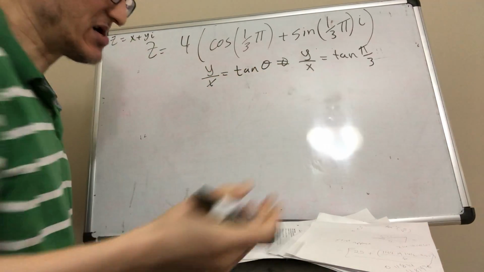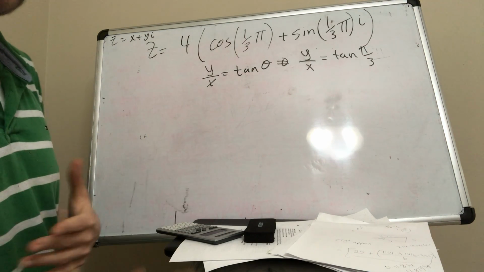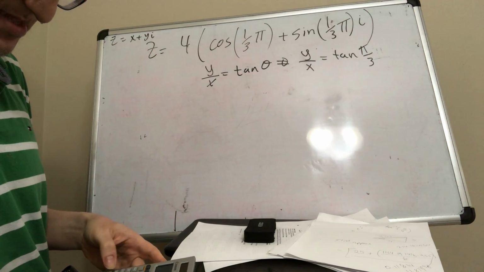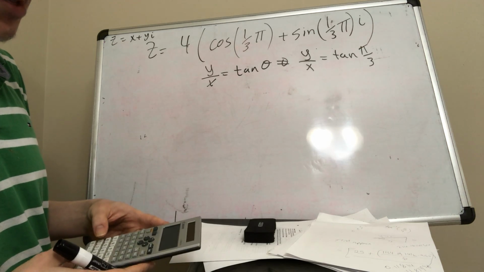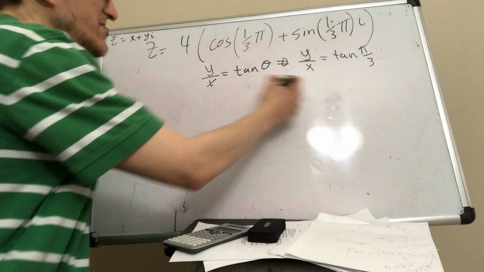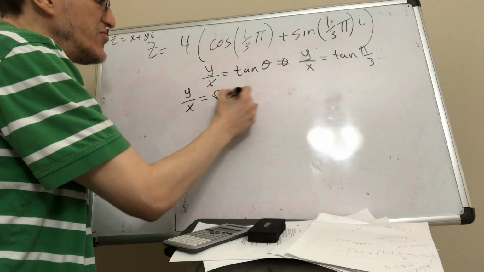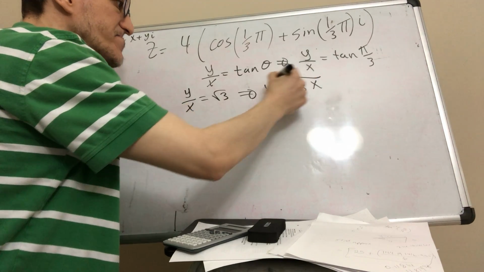In fact, tan pi over 3 is not half. Cosine pi over 3 is half. Tan pi over 3, if you use the calculator, would be root 3. So now y over x equals root 3, meaning y equals root 3 x.